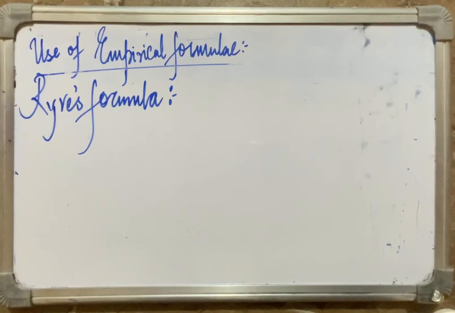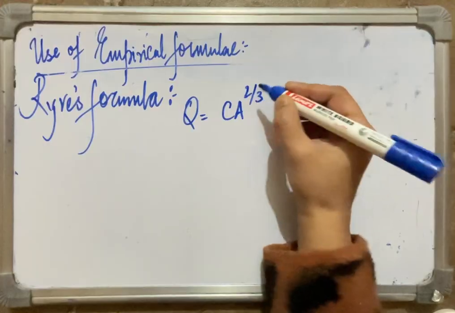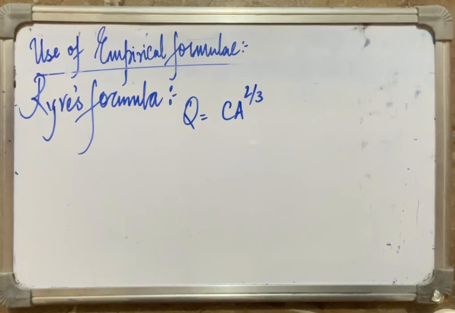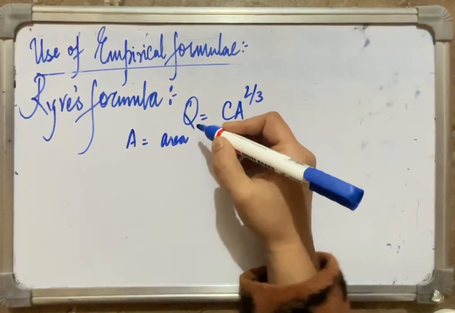Since we studied that the Dickens formula is applicable to catchments in central and northern India, Wright modified it for application to southern parts of India, and the modified formula is Q is equal to CA raised power 2 by 3, whereas in the Dickens formula it was Q is equal to CA raised power 3 by 4. Here A is the area of the catchment in square kilometers.